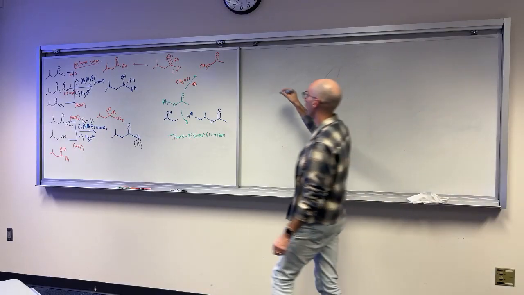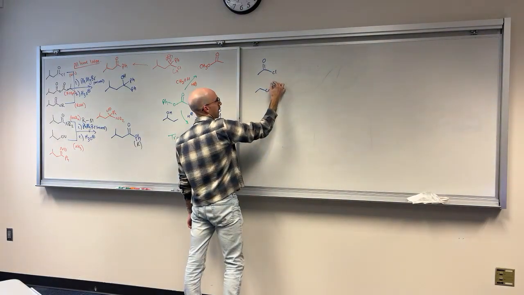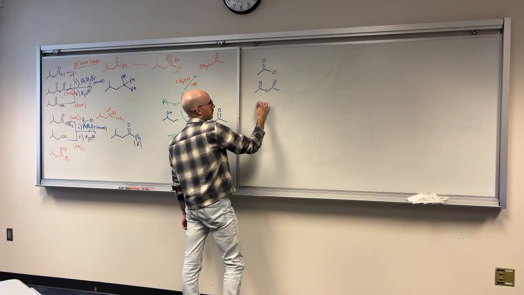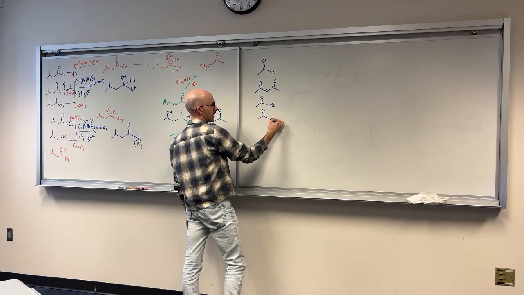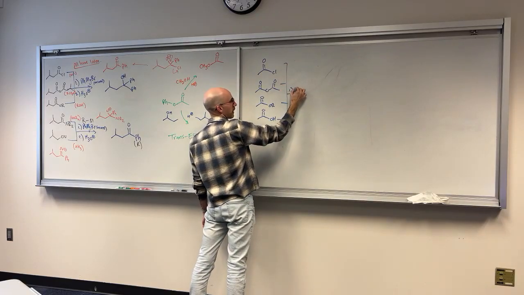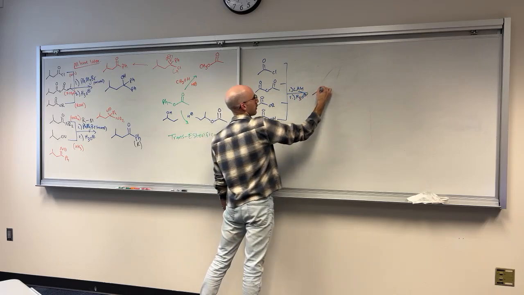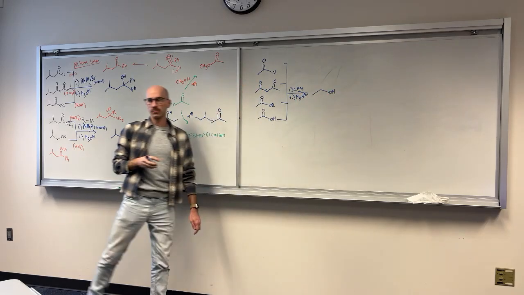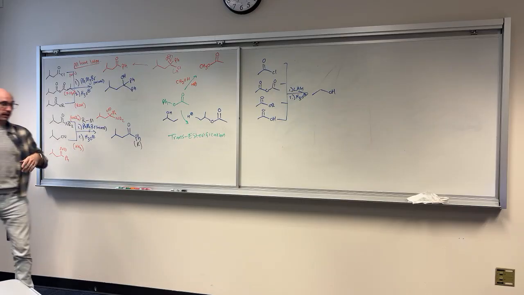We showed how the acid chloride, the acid anhydride, the ester, and the carboxylic acid can all be reduced with LAH and an aqueous workup down to an alcohol with some byproducts.